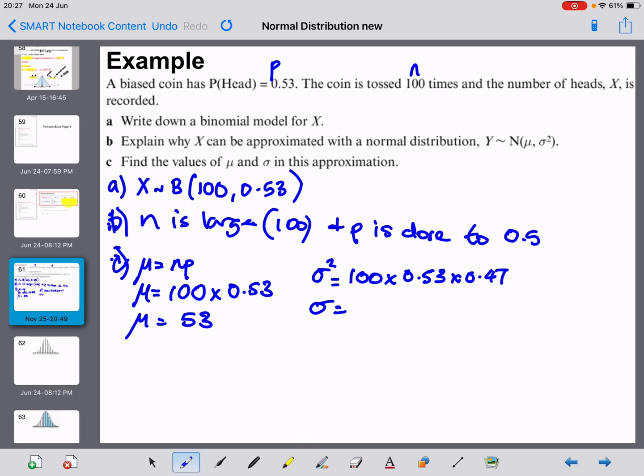The standard deviation is going to be the square root of all of that. So the square root of 53 times 0.47, which is 4.99 to 3 significant figures.